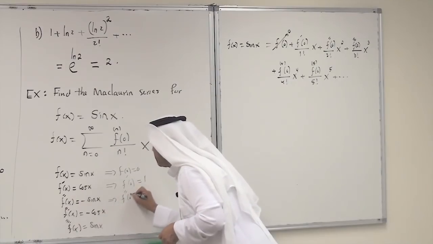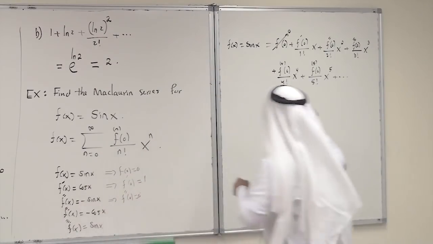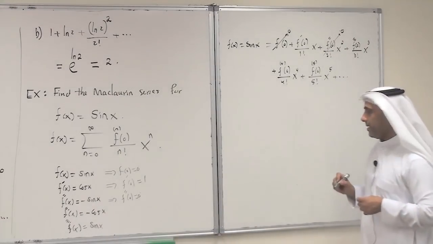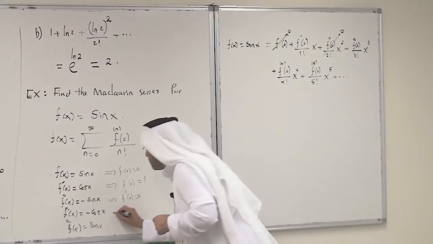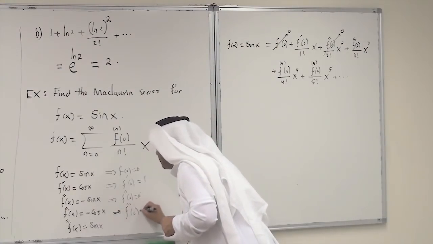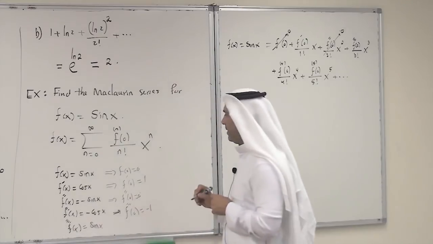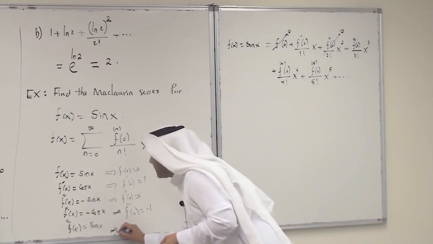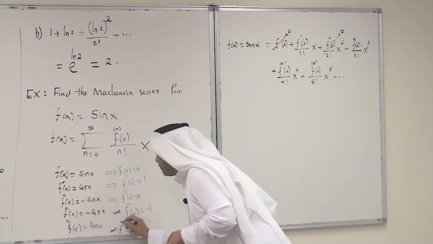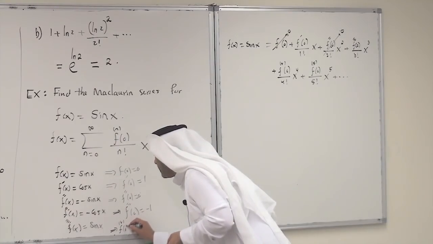If f double prime of 0 equals 0, it means this term also will disappear. The third derivative at 0 is equal to what? Minus 1. The fourth derivative at 0 is the same as the evaluation of the function at 0. So the fourth derivative at 0 again is equal to 0.